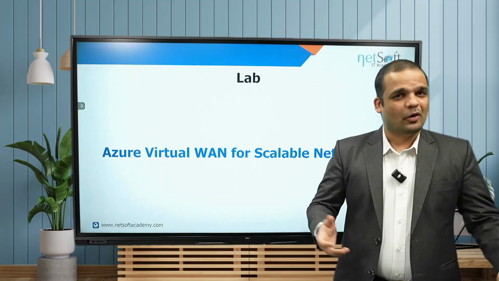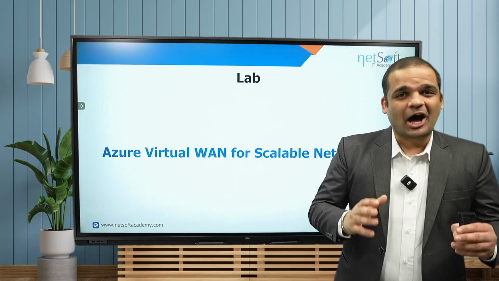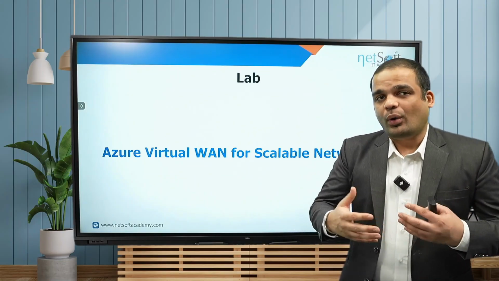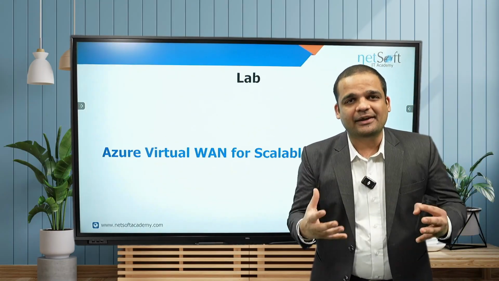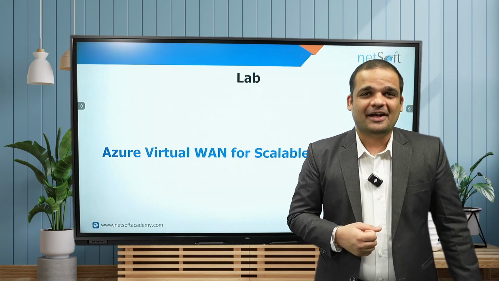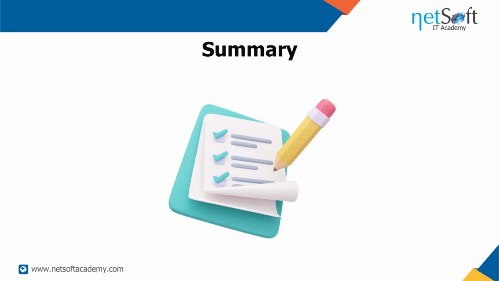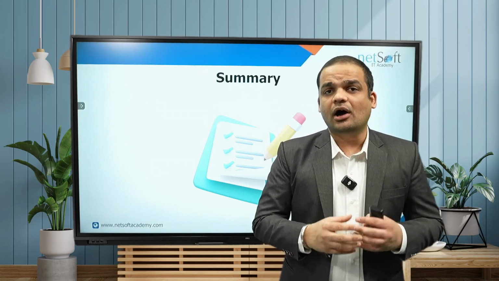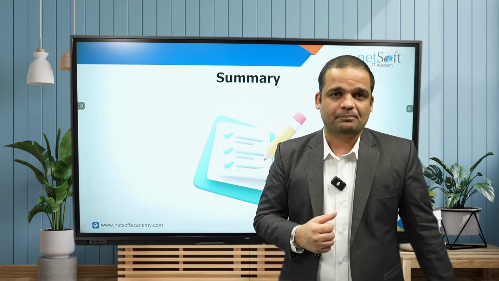Thank you. Welcome back. I hope now you know how easy it is to use Virtual WAN and what kind of a unified experience it can provide. So, in summary, I will say that Azure Virtual WAN provides a centralized hub for managing large-scale branch connectivity.